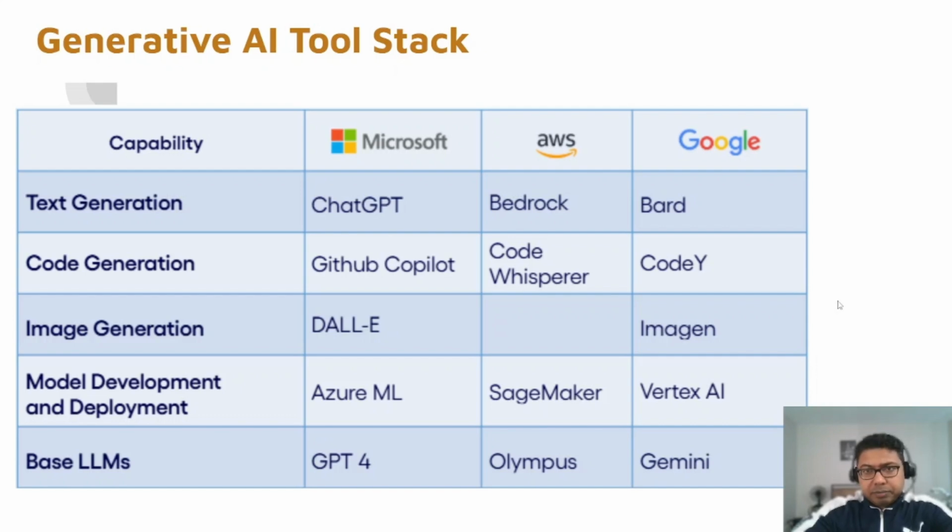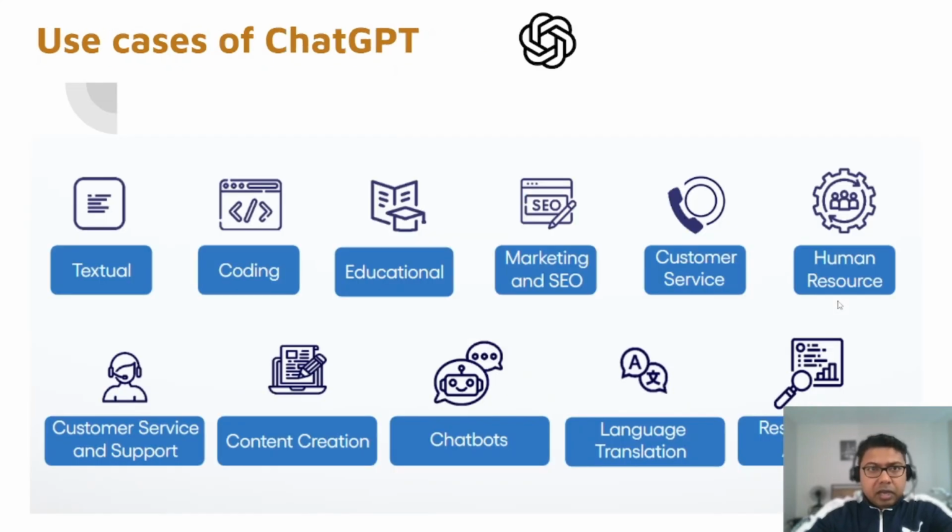We'll move to the next chapter: use cases of ChatGPT. This is important. We only know that we can ask ChatGPT a question and it gives us some response back, but now let's see the real uses of ChatGPT. The usage is huge, and it can grow many fold. Overall, it can generate text, and it can generate code.